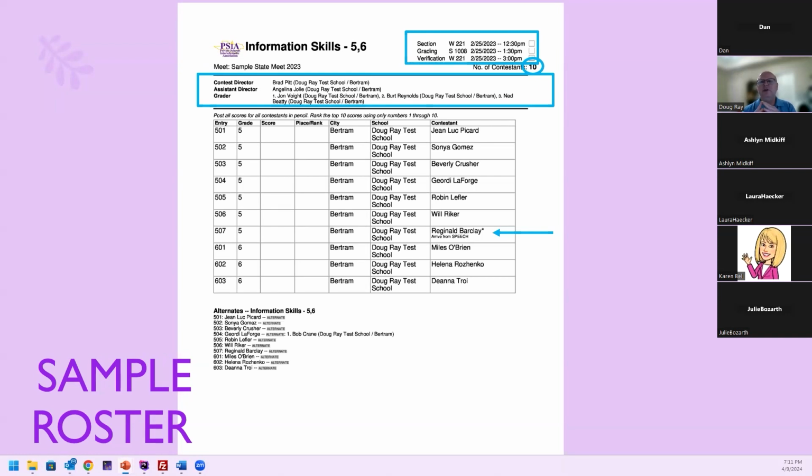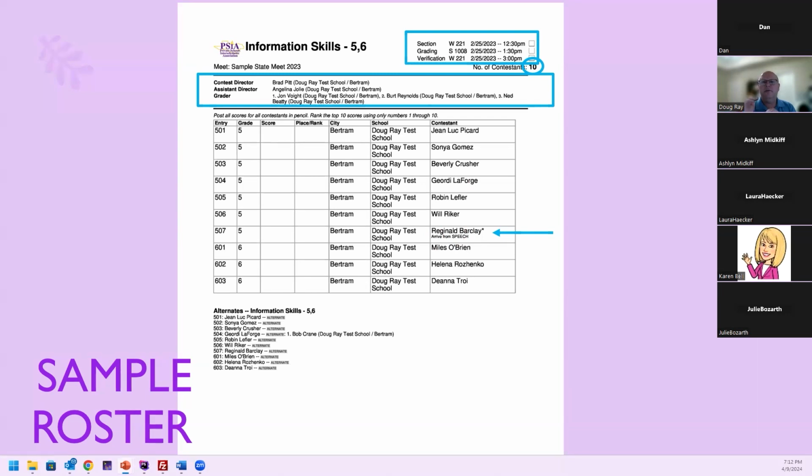If you have a student that you are expecting from another contest, so for example, Reginald is coming from another speech contest, if possible, you want to slow roll the process of starting the contest, because contestants do not get extra time or a different time frame to do the test.